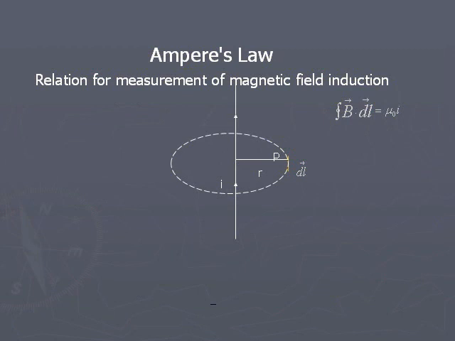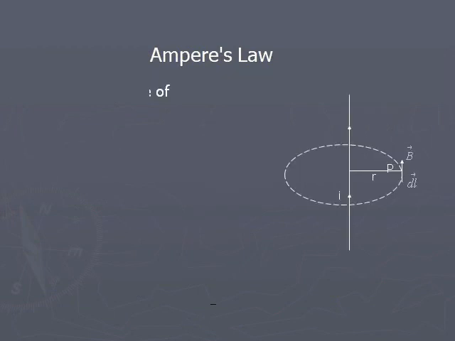At P, consider a small elemental length dl bar. The magnetic field induction B bar will be tangential to this elemental length. Let us compute B bar dot dl bar.